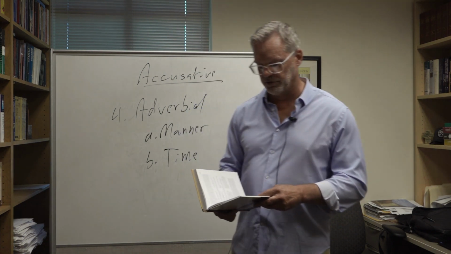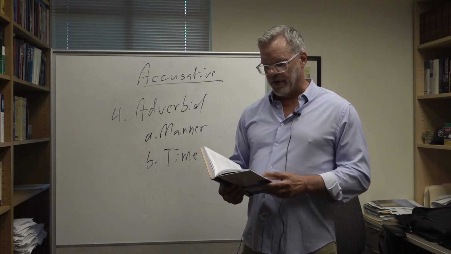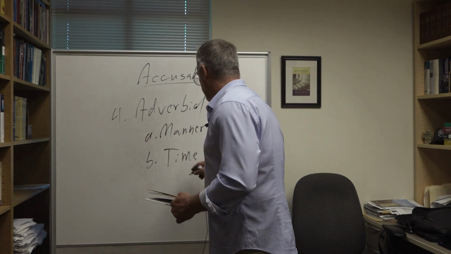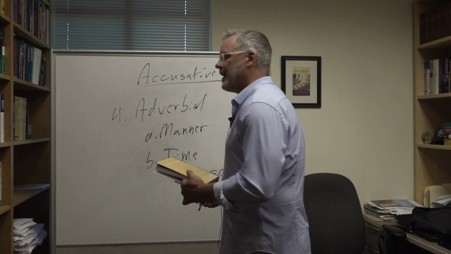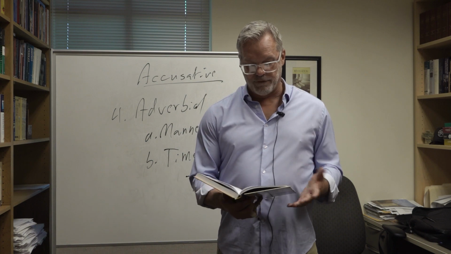So, adverbial accusative. A good example of time is found in the Gospel of John, chapter 1, verse 39. Referring to the disciples, it says they went and saw where he was staying and stayed with him that day. The word in John is hemeron, the noun for day.